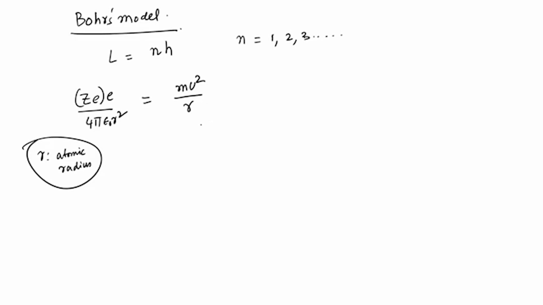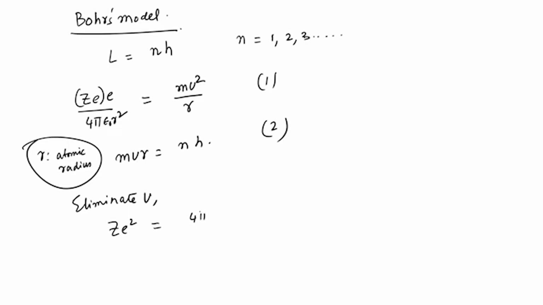So, this is fine, and then of course, we have this other thing, that is mvr equal to nħ. So, if you eliminate v, we have Ze² equal to 4π ε₀ mv²r, which is equal to 4π ε₀ n²ħ²/(mr).